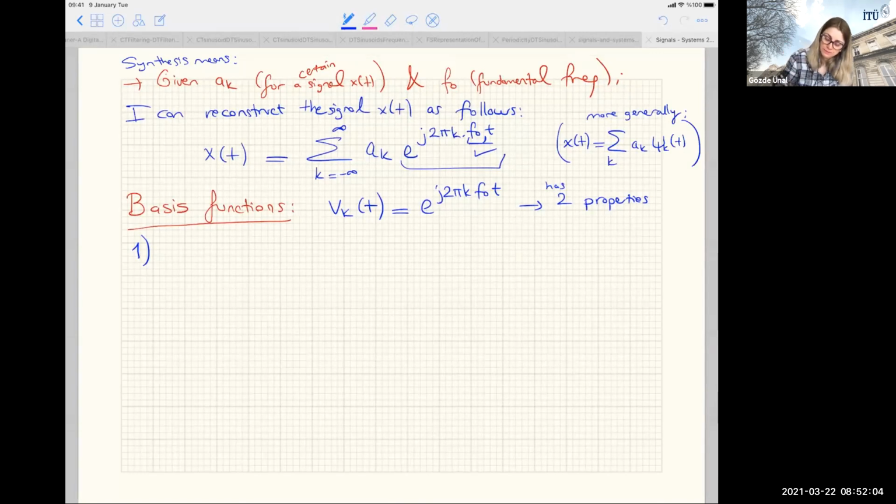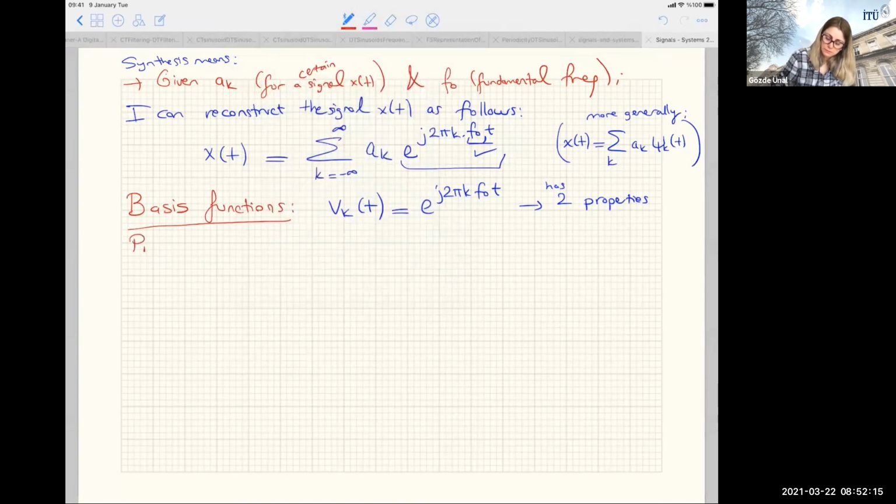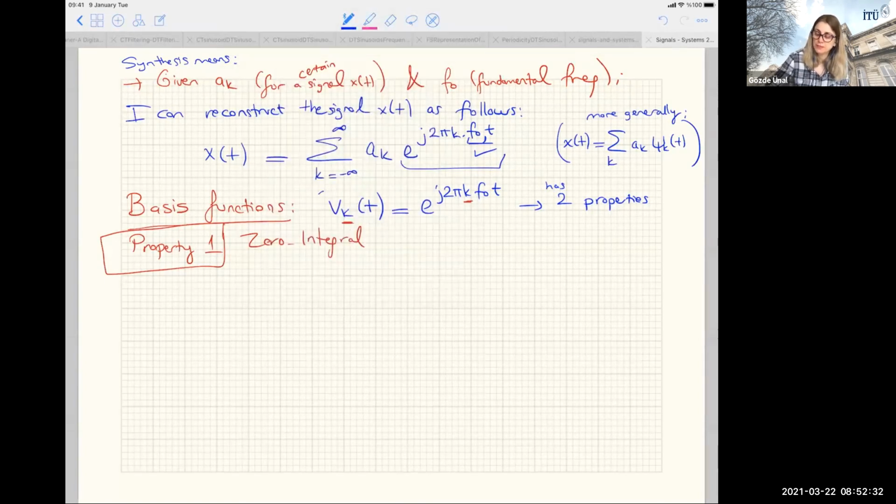Property one, guys, is what we call zero integral for this basis function. Always pay attention, there is this index, right? So it's a family. We call it a family of basis functions. k varies from minus infinity to infinity.